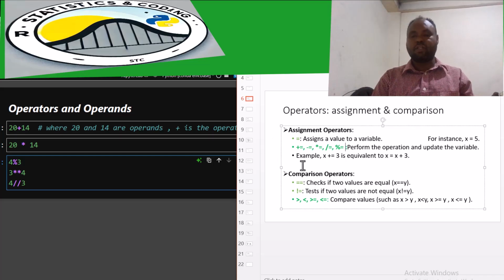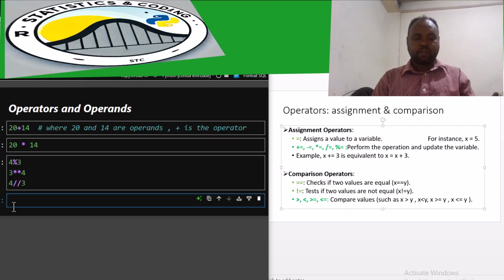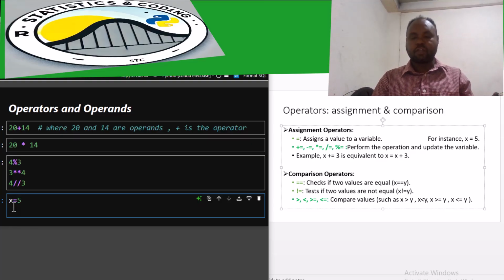For example, in updating a variable from its initial value, if initially x was 5, x can be updated by x plus 3. Now x is updated by incrementing x, adding 3 to x.